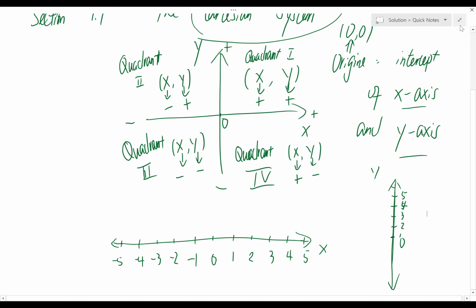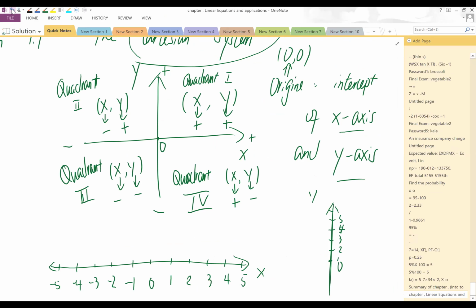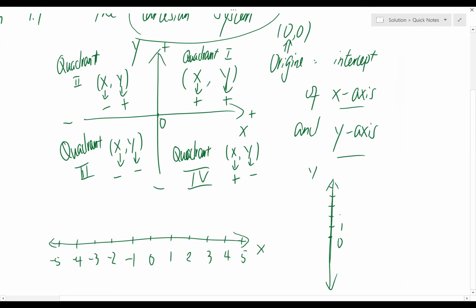Let me quickly rewrite it. So this is 1, 2, 3, 4, 5. They're all positives, right? Because it's above 0, and below 0, they're all negative. So this is -1, -2, -3, -4, and -5. Okay. And that just basically follows the number line properties.